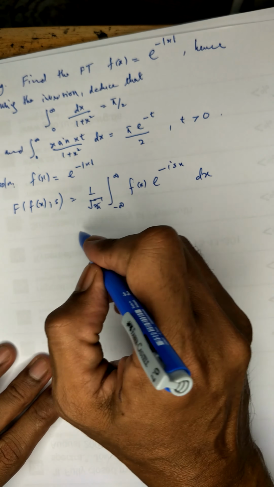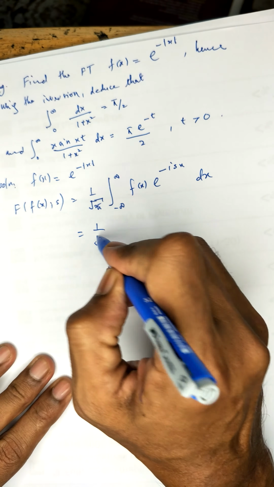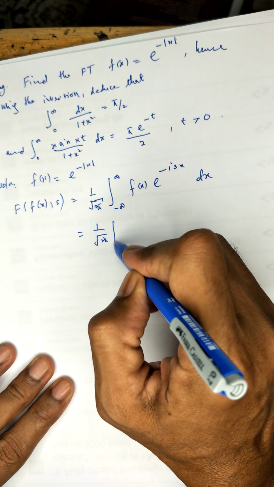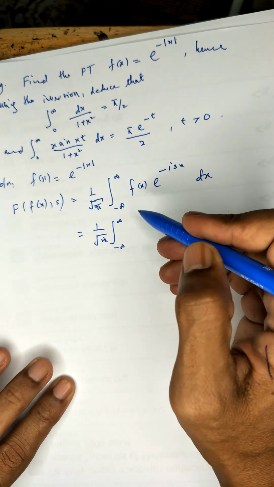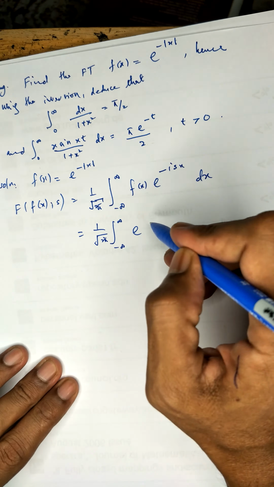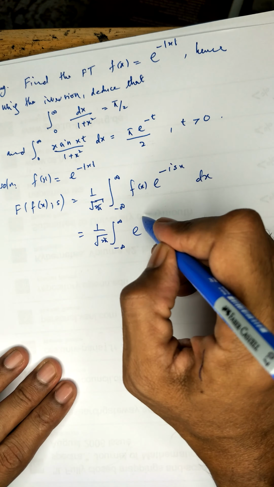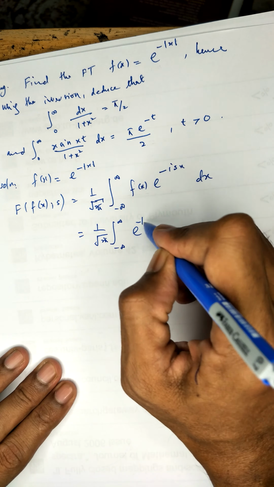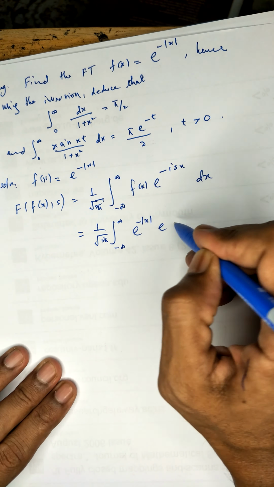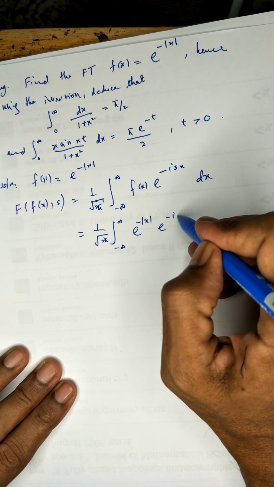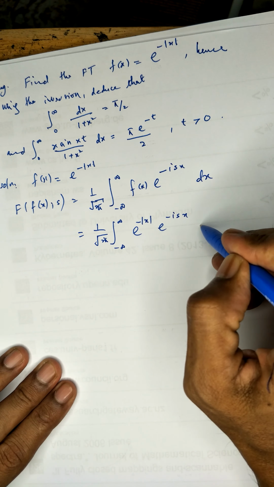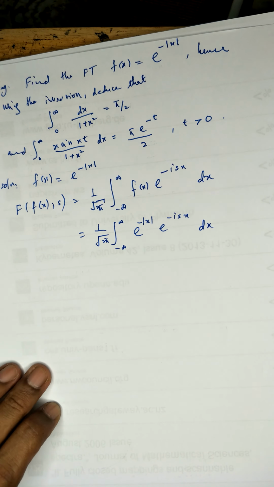Okay, so this will give us 1 over square root 2 pi. We just substitute the function there, so e to the minus |x| e to the minus i s x dx.